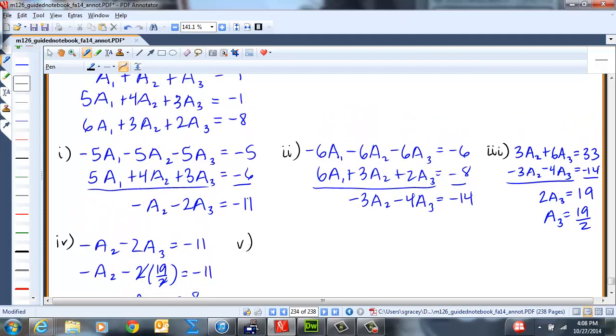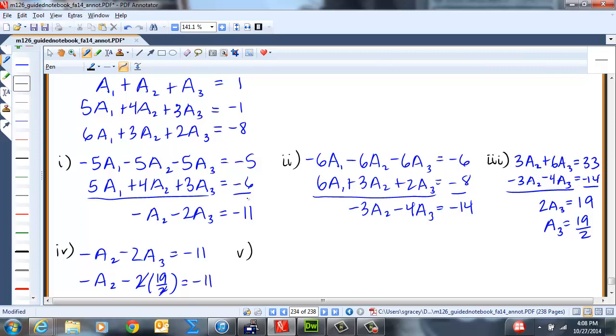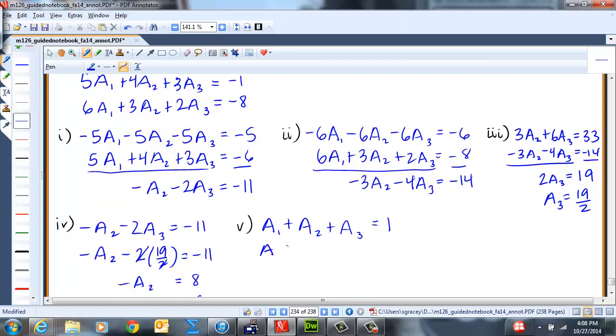So a1 plus a2 plus a3 was equal to 1. We'll use that top equation. Plugging in negative 8 for a2 and 19 halves for a3, that's all equal to 1.